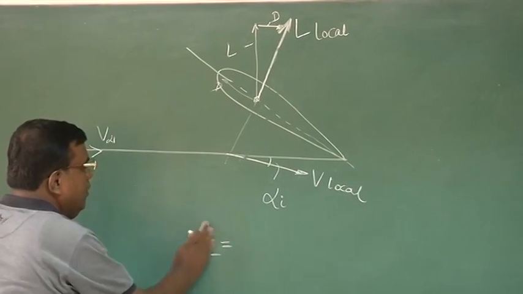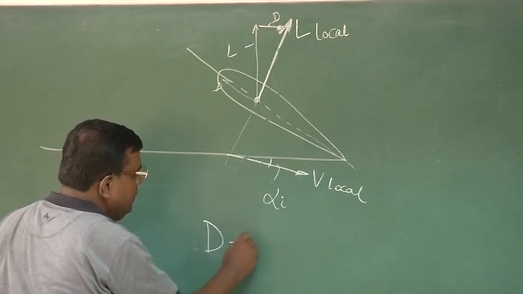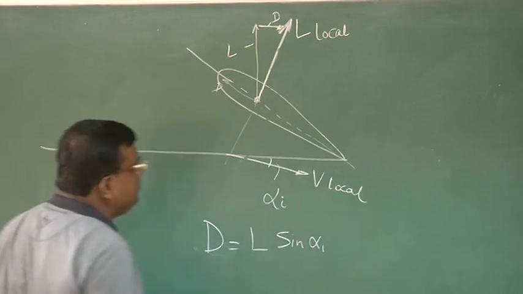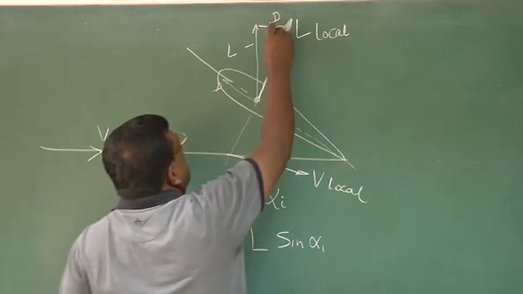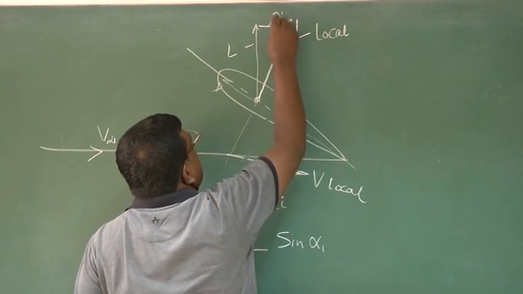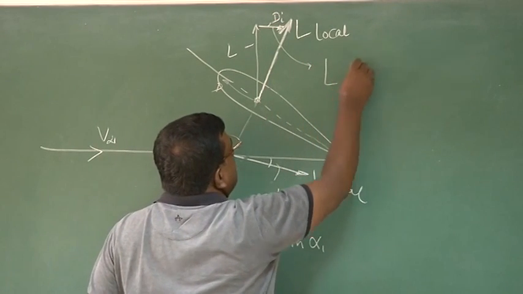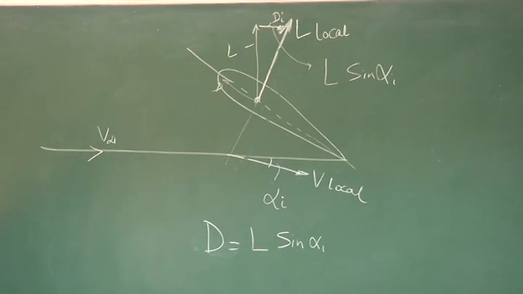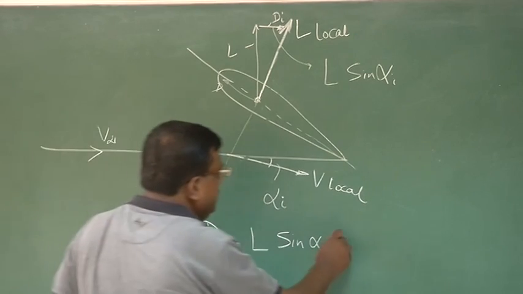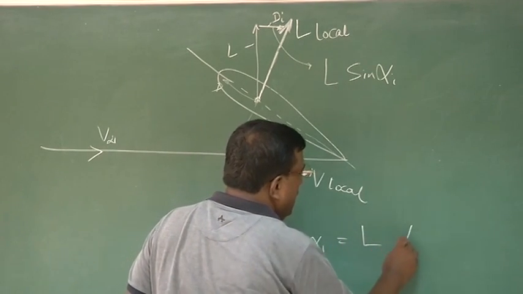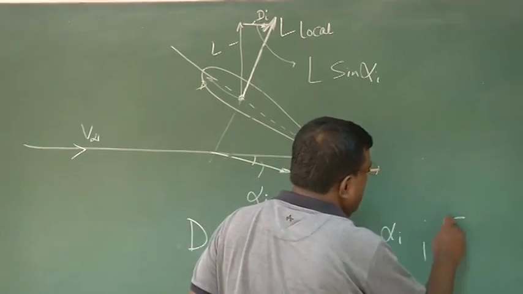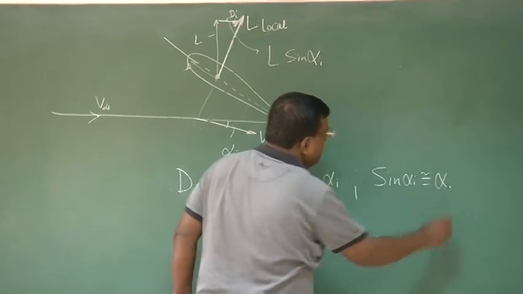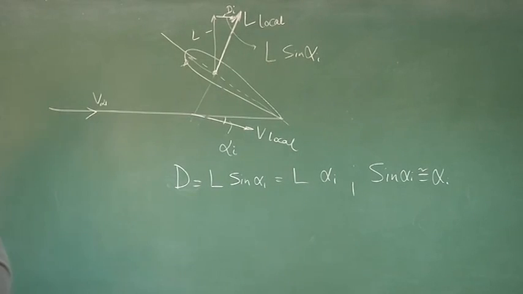So if I now try to write the drag, you see this will be L sine alpha I, this component, right? I write Di, this is nothing but L sine alpha I. And for a small angle, I can write this as L alpha I. That is, for small angle, sine alpha I is approximately equal to alpha I. Right?